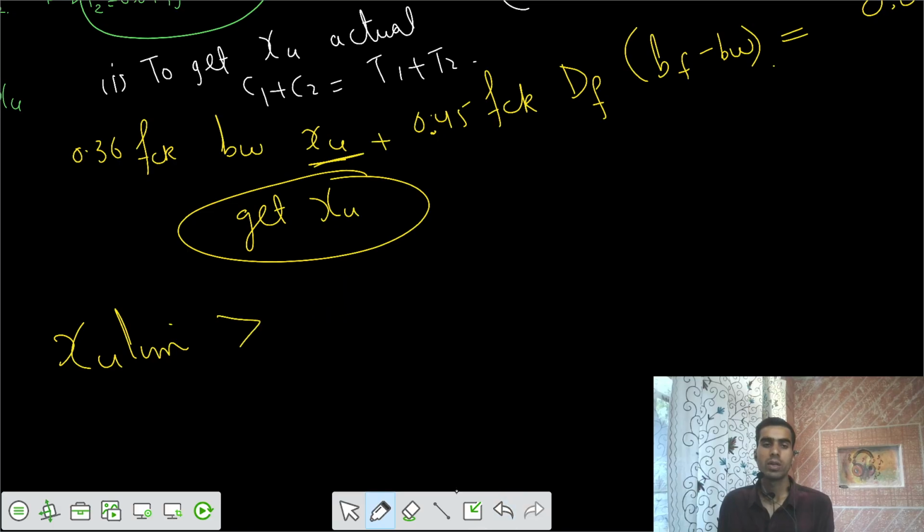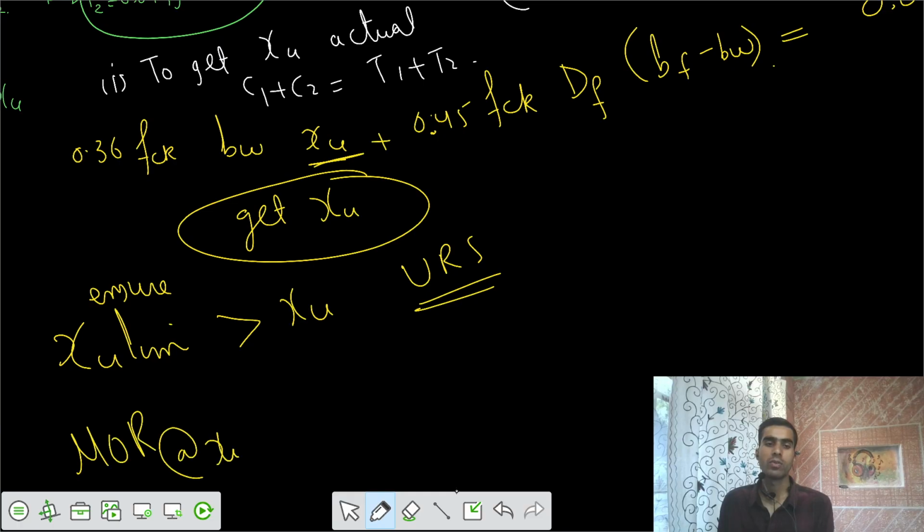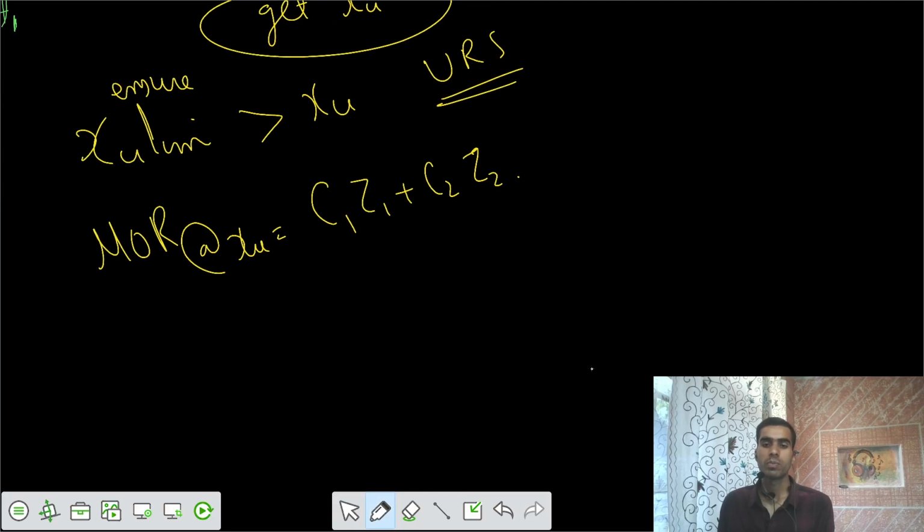We have to ensure that XU limiting is greater than XU, and that means this section is under reinforced. Corresponding to that, the moment of resistance at XU equals C1 Z1 plus C2 Z2. Lever arm 1 corresponding to the rectangular beam is D minus 0.42 XU.